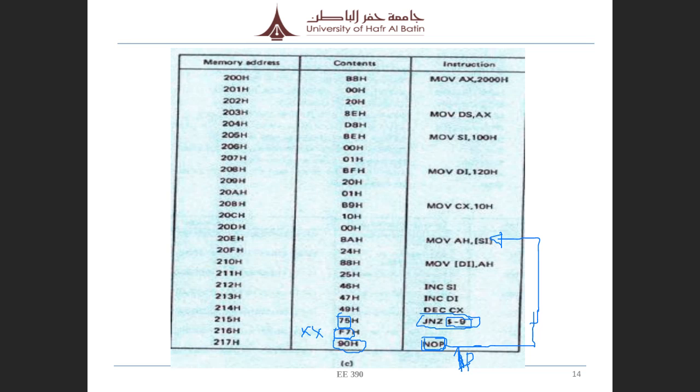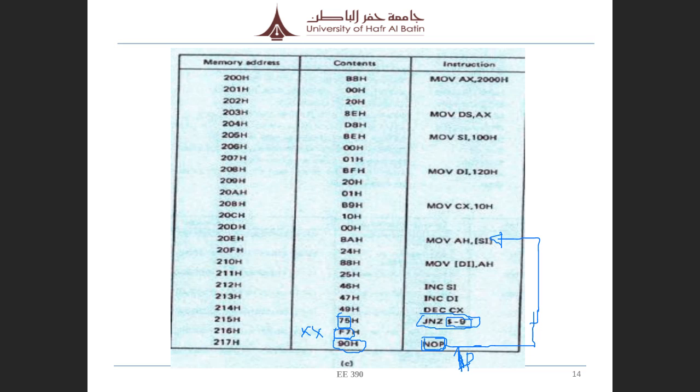I'm saying that when my execution unit is performing execution of a line, the instruction pointer is holding the next instruction, indicating the next instruction.